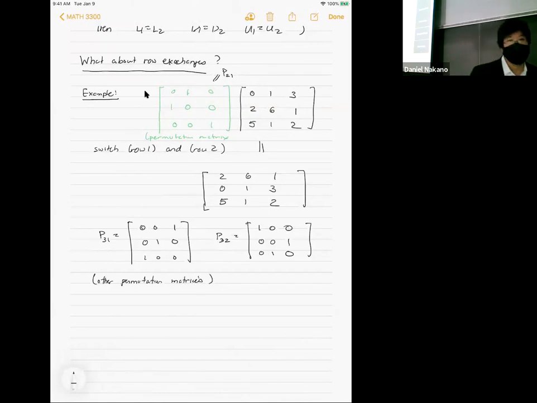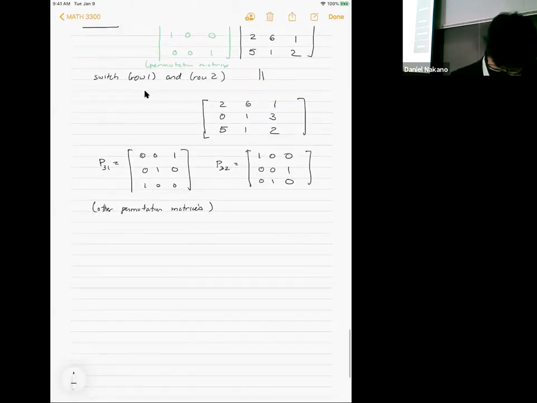Okay. All right, so now we have these permutation matrices that allow us to switch rows. So what we can do to A, if it needs row exchanges, is just multiply it by a product of permutation matrices.